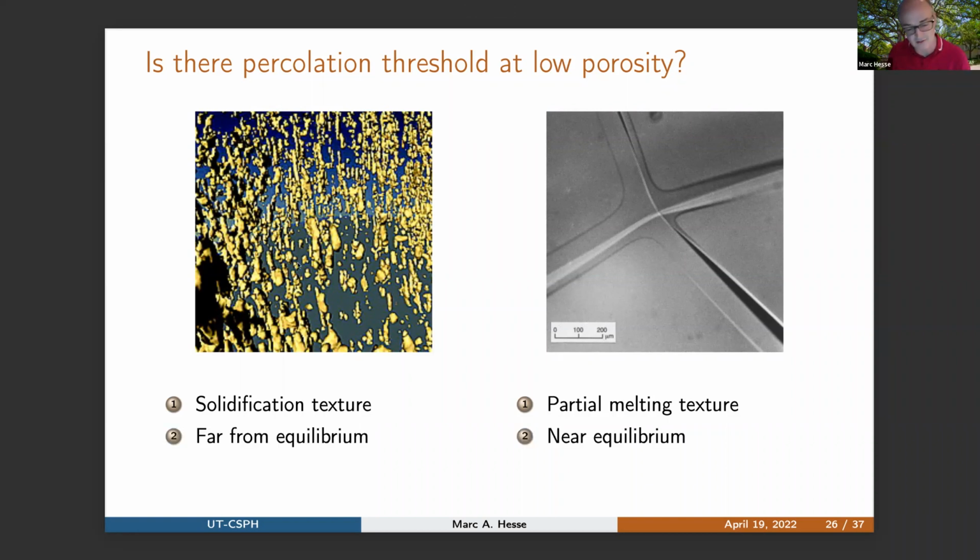The solidification texture is a classical example of something that happens very far from equilibrium. You form spiky crystals and so on and so forth. While this here is, well, what just happened? It's clearly near equilibrium. And so, in my opinion, this kind of isolated blobs, you may get near the ice-ocean interface where you're actually freezing the ocean to make ice.